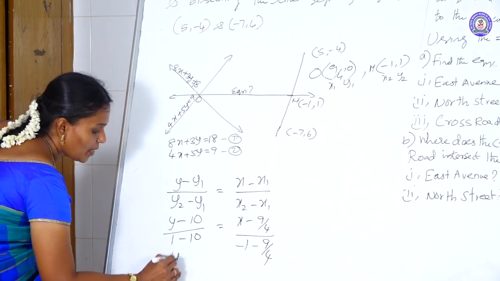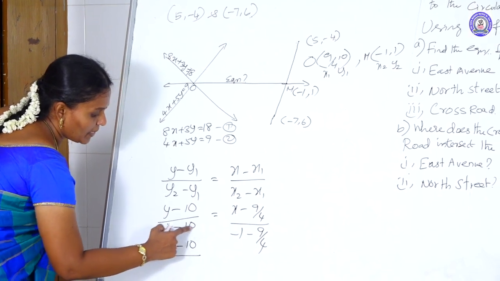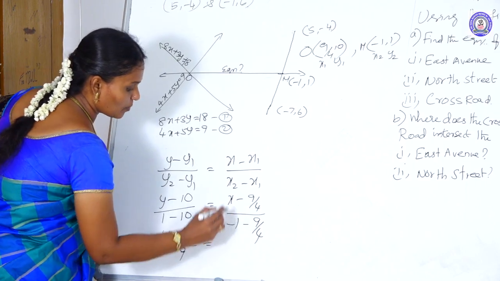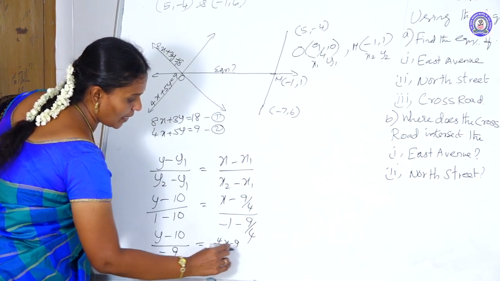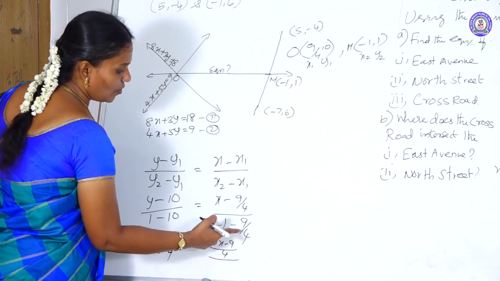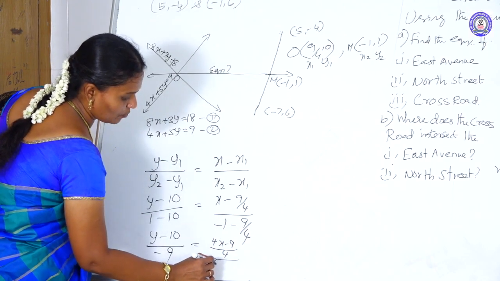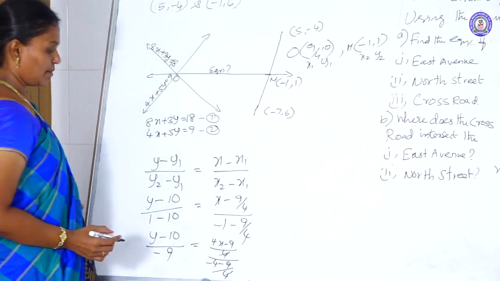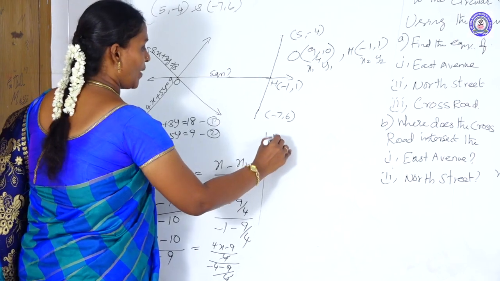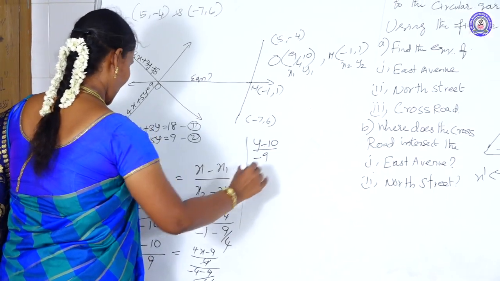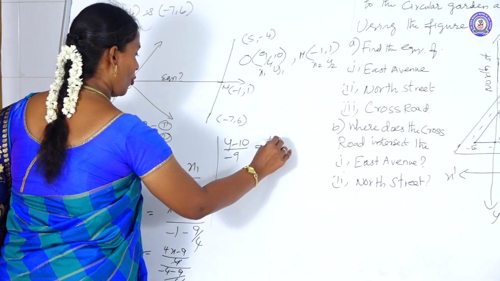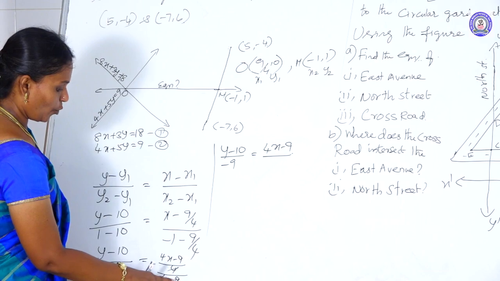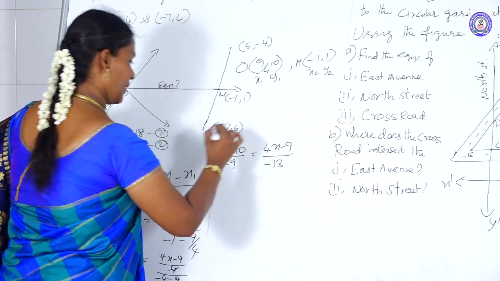See here, y minus 0 by 1 minus 0... Do the cross multiply, 4x minus 9 by 4, and here 4 into minus 1 is minus 4, minus 9, that is minus 13. The 4s cancel.